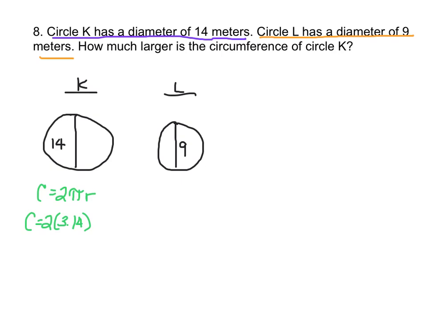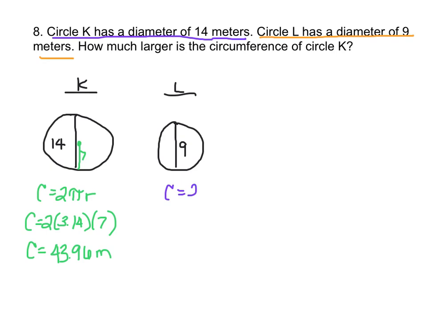I'm given the diameter of 14, to get the radius I divide that in half. 14 divided by 2 is 7. I'm going to multiply all of them together. So my circumference is 43.96 meters.